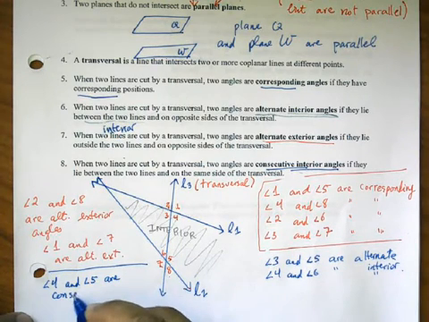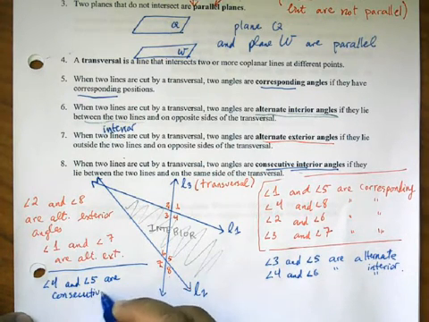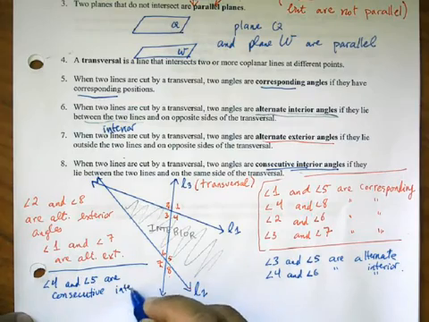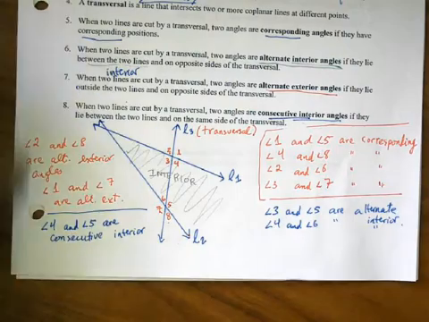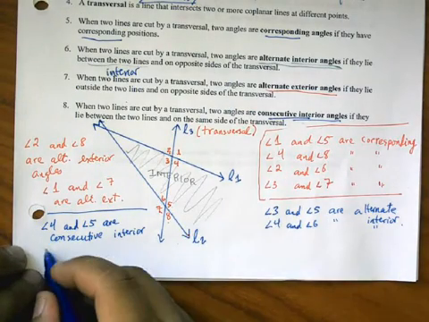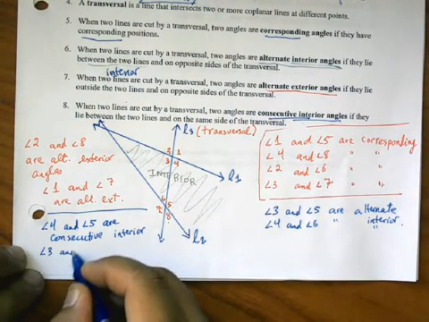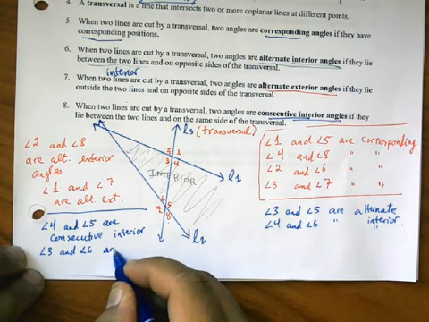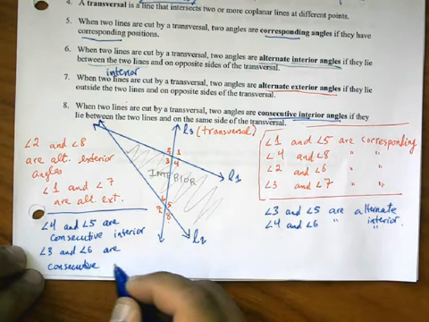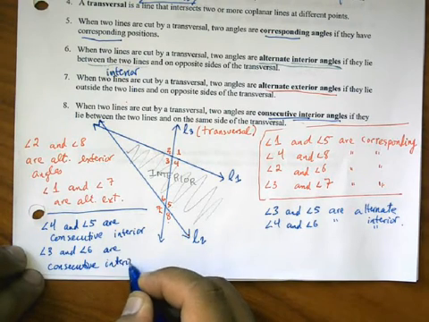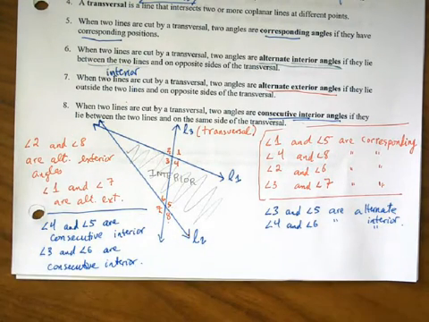Are consecutive interior. And also 3 and 6. And there you have it.